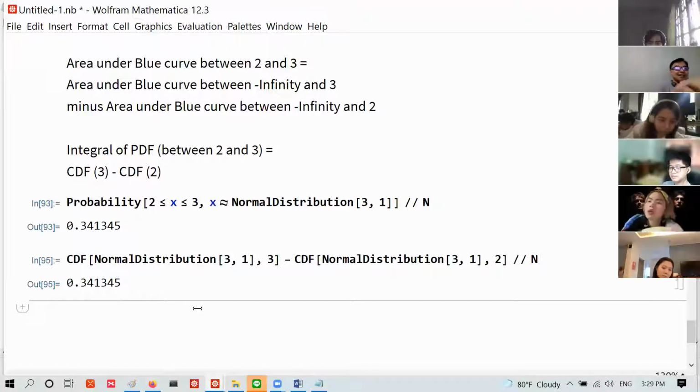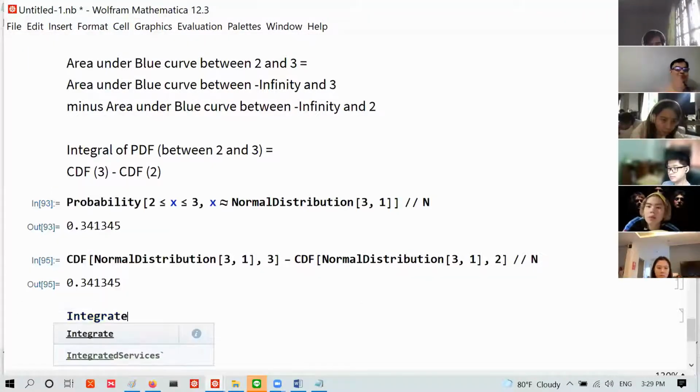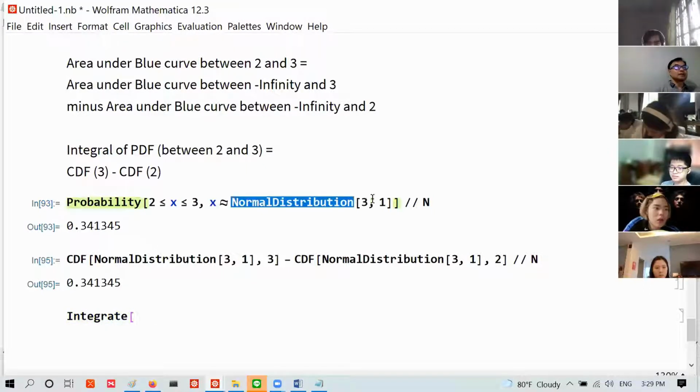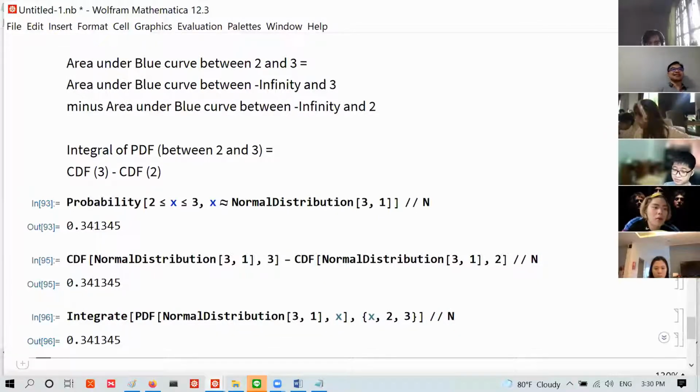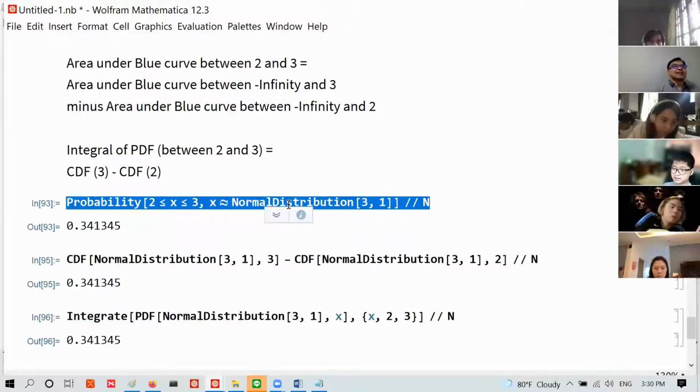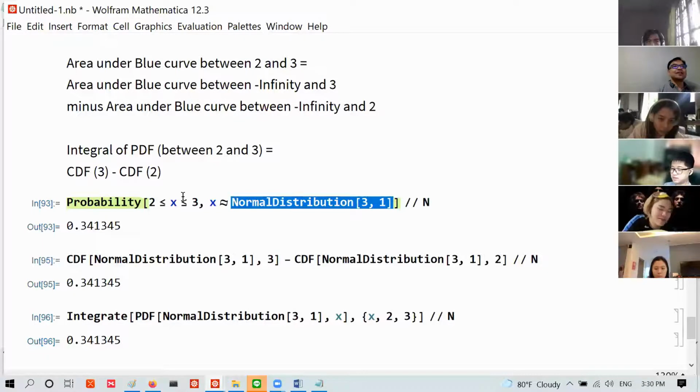Now I can make it even more confusing. Integrate the PDF of x between 2 and 3. Same number. So this is asking Mathematica, if x is a normal distribution, what's the probability it is between 2 and 3?